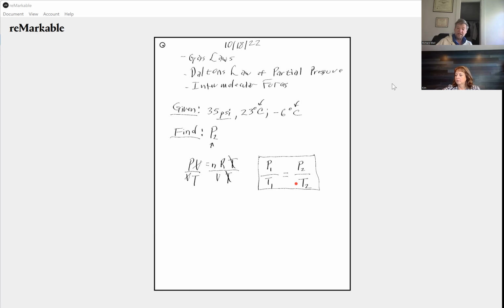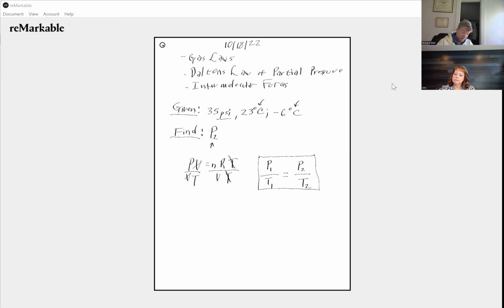If we put a negative sign here, we're going to get a negative pressure. That's nonsensical. That doesn't work. We must convert to an absolute temperature scale so we never, ever, ever go through zero. We can use any absolute temperature scale we want, but the one we will use in this class is Kelvin.